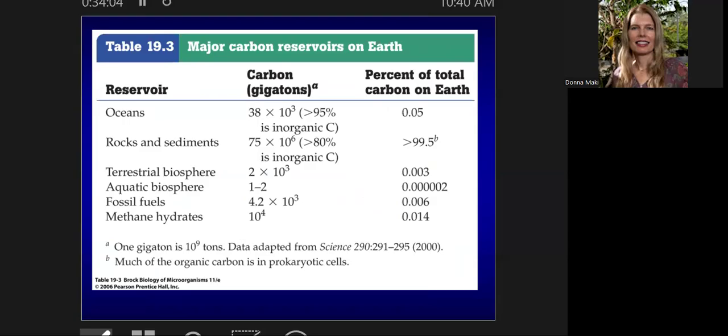Carbon reservoirs. So this is getting you back to that picture where they showed atmosphere, lithosphere, hydrosphere. Percent of total carbon on Earth. Where's the largest reservoir? Rocks and sediments. Pretty stable stuff. Huge reservoir, especially when you compare it to everything else. That's amazing.